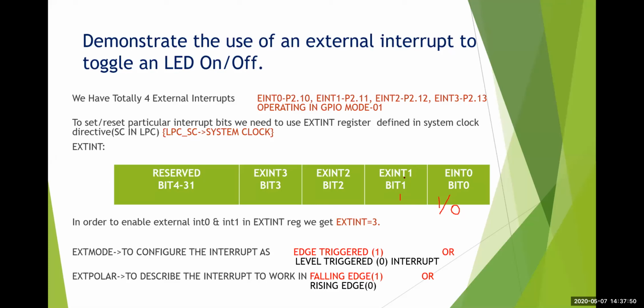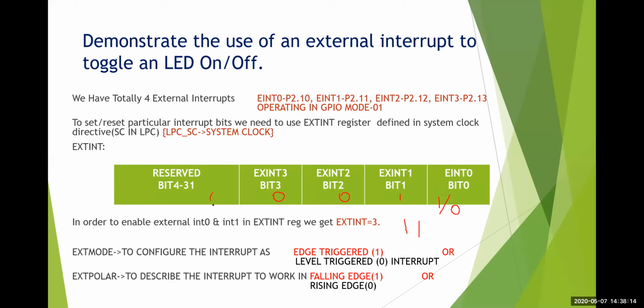In this program, we are using two different external interrupts, external interrupt 0 and external interrupt 1. So I need to make this bit 1 and this bit 1. The rest of the values will be 0, and as I'm not using external interrupt 2 and 3, I'm making those bits 0.